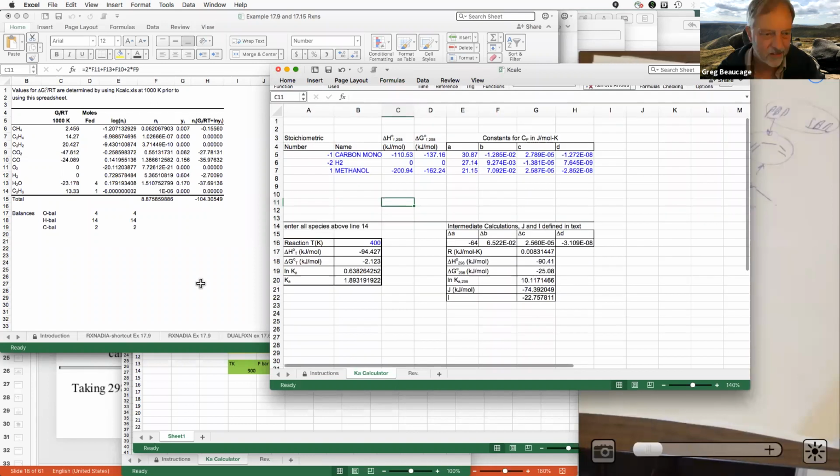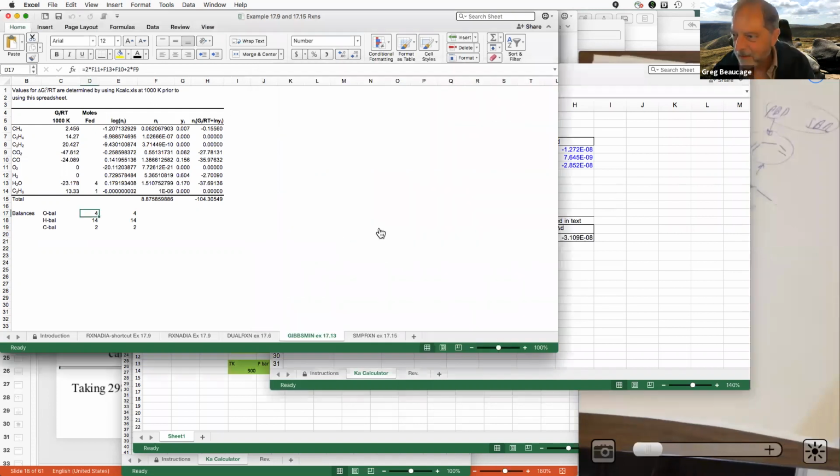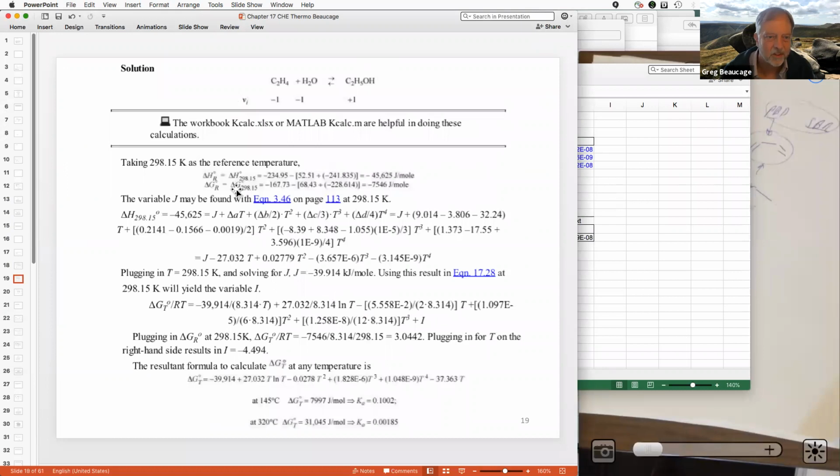Anyway, that's a trip down a rabbit hole, but basically that does the calculation done in this example 7.4, which is done by hand here.